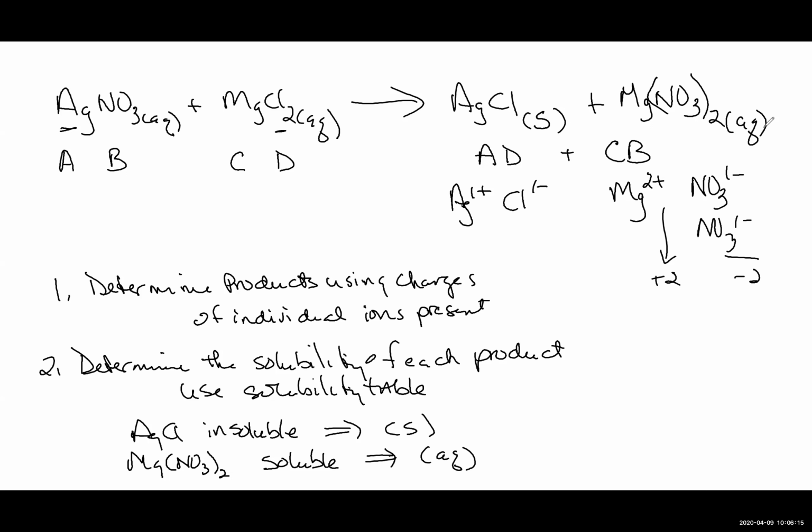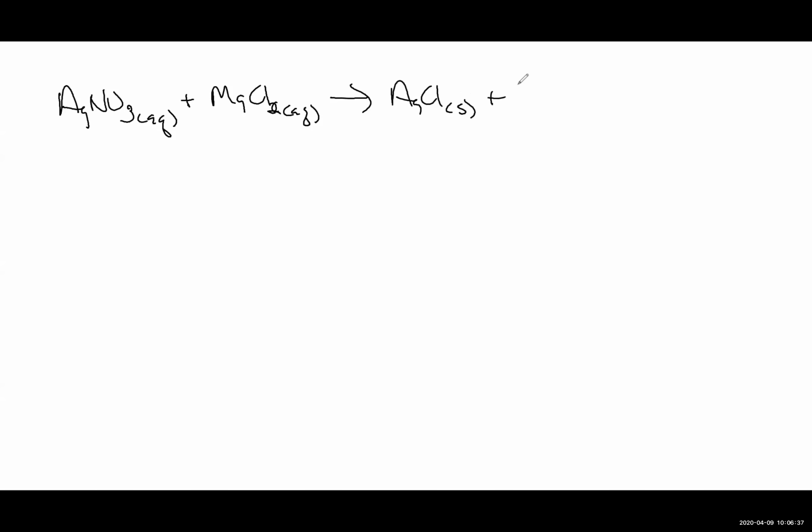Now, if I asked you in addition to write a total ionic and net ionic equation, how would they look? So again, here's our overall reaction. We're going to get silver chloride solid, we just determined, and magnesium chloride aqueous.